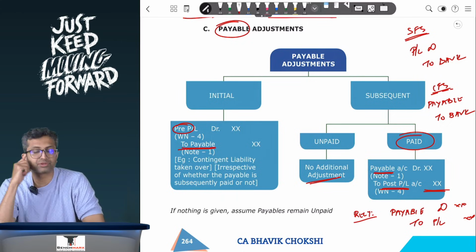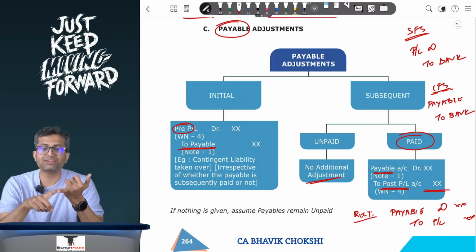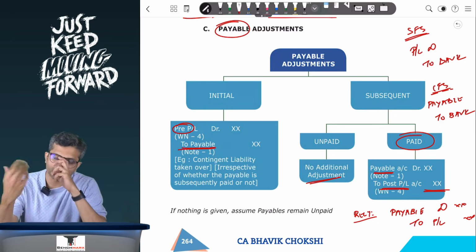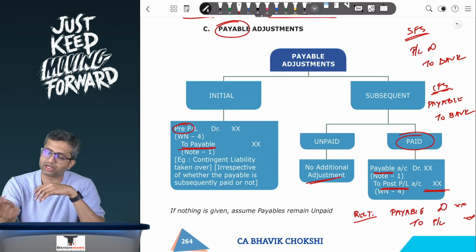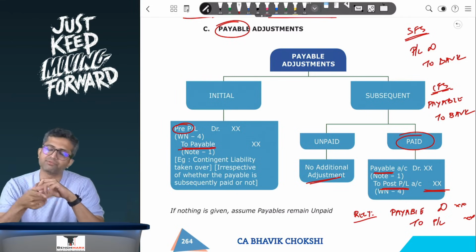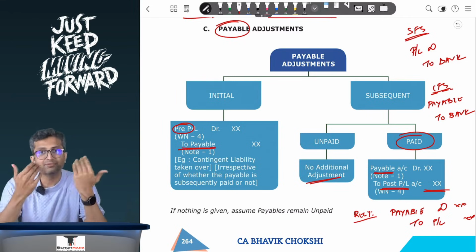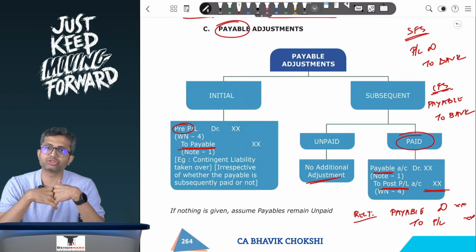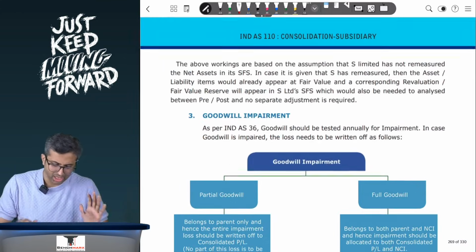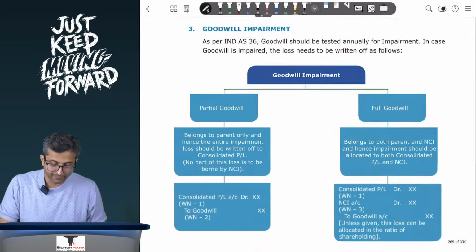For whatever changes happen after the date of acquisition, for example if an asset is depreciated, if the inventory is sold, or if the payable is paid: if payable is paid, payable should be debited, second effect in the post P&L. If inventory is sold, inventory is credited, second effect post P&L. If there is additional depreciation, then the asset is credited, second effect post P&L. You will need a bit of practice over here, but this is a broad understanding of these adjustments.